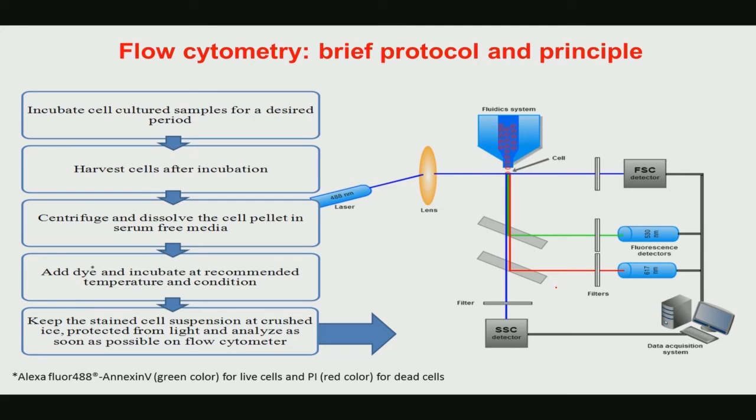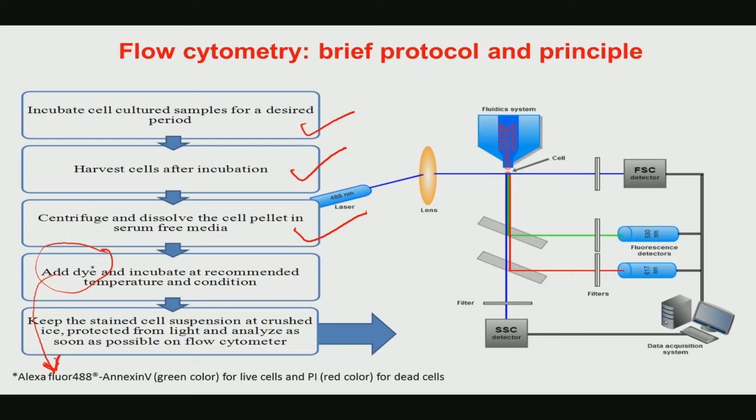Now, this protocol is fairly simple. You incubate the cells on the biomaterial sample, and then you harvest the cells after incubation, centrifuge, and dissolve the cell pellet in serum-free medium, then add different dyes. Now, these dyes would be specific for your study.